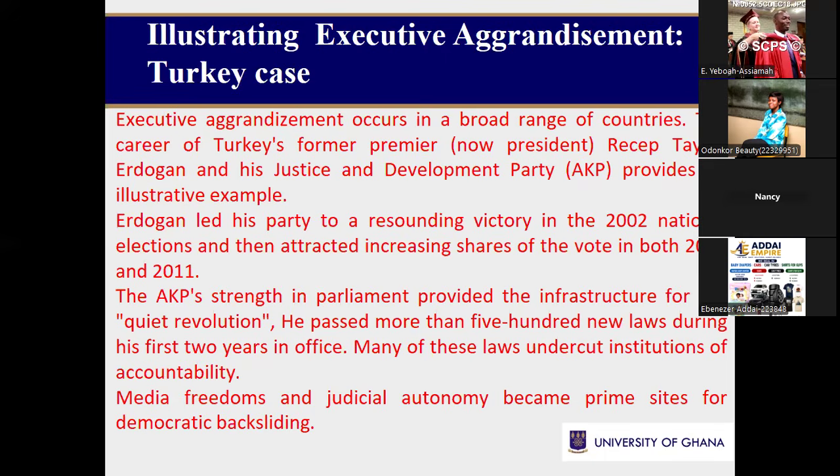Many of these laws undercut institutions of accountability. All these laws were to ensure that the executive or the president was not so accountable to the institutions of democracy. He would review the law and take away the powers given to the agencies to call the executive to account for resources or their stewardship. So there were dozens of laws passed.